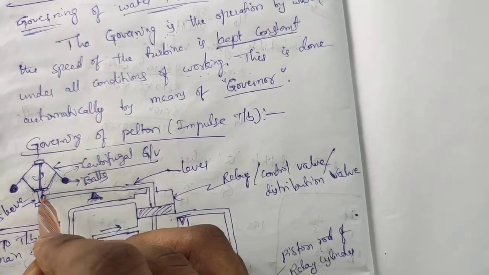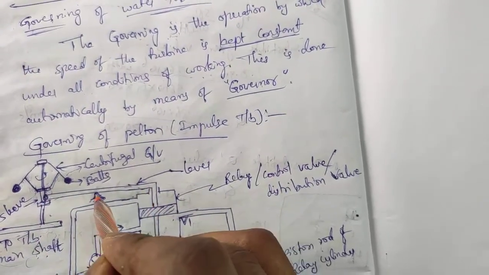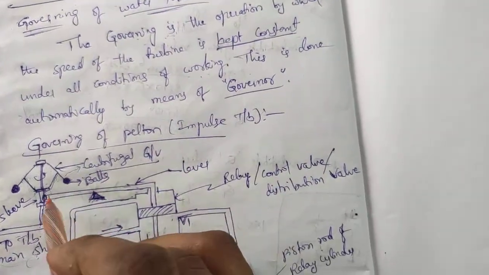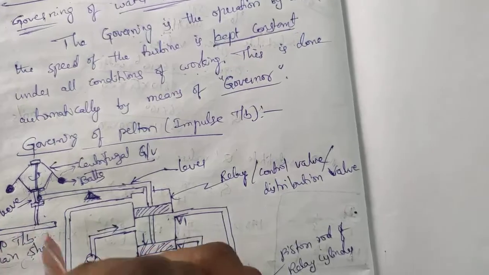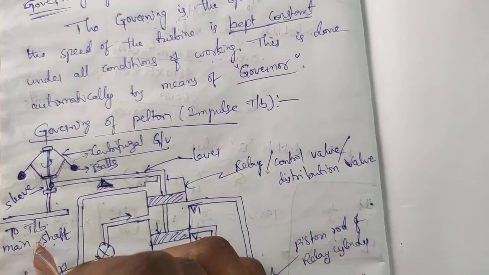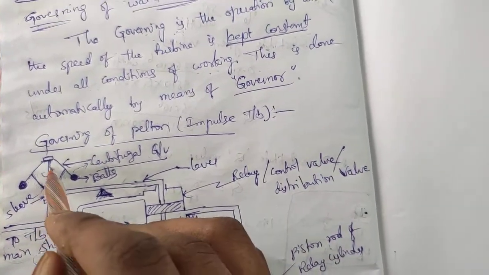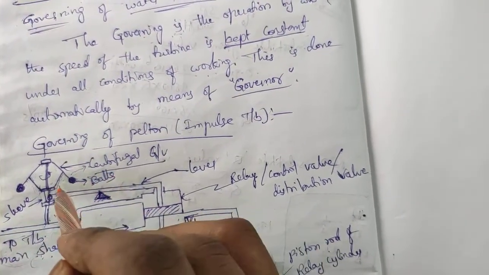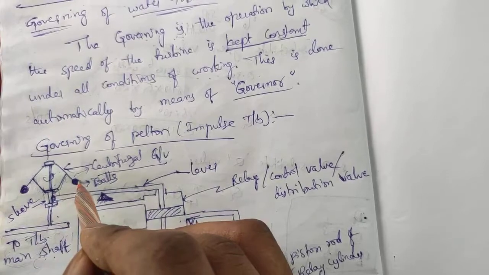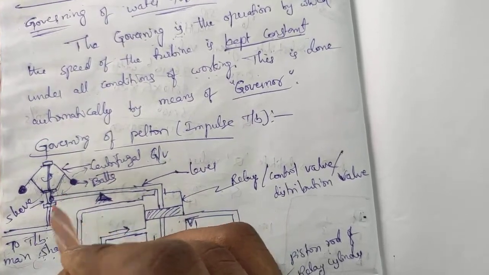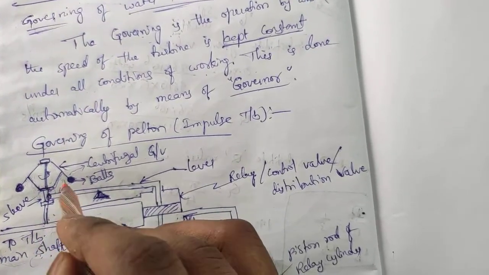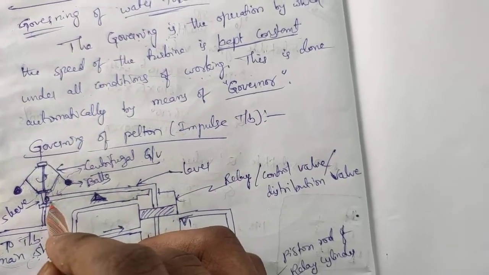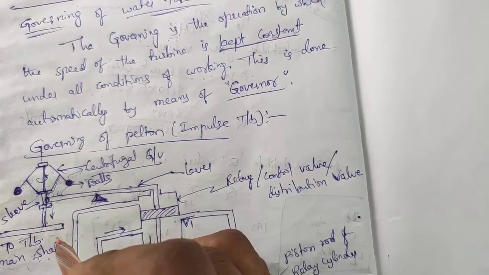This sleeve is connected to one lever which is supported with a fulcrum. In the same way, when the speed of the turbine decreases, the governor shaft rotation also reduces, and thereby the balls come inward towards the axis of the shaft. The balls move inwards, thereby this sleeve moves downward.